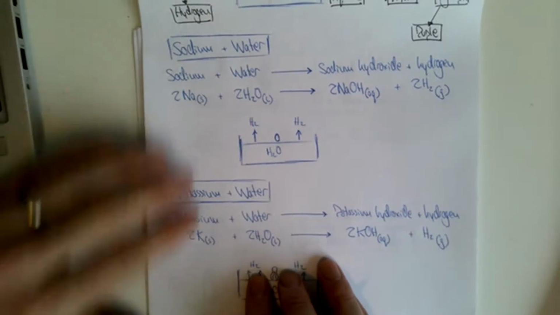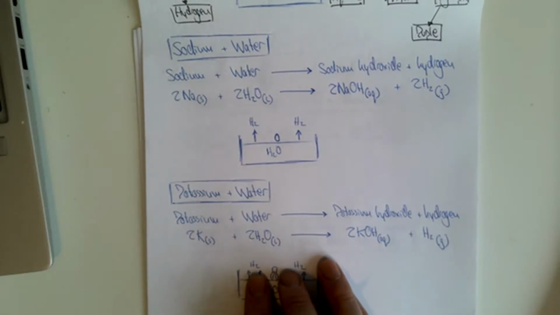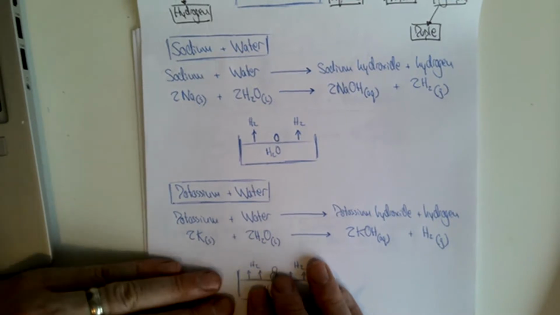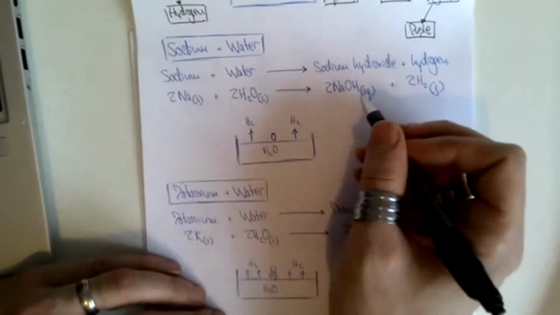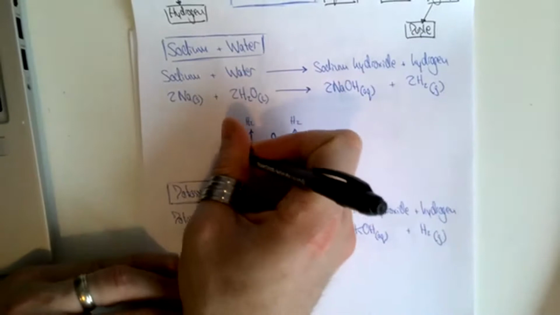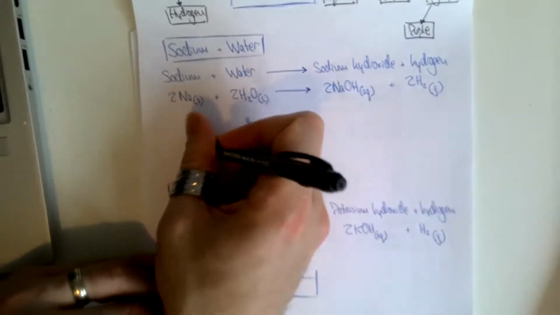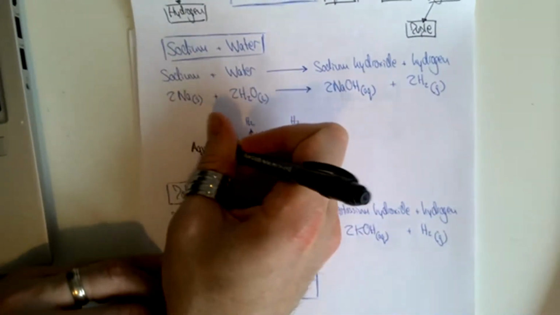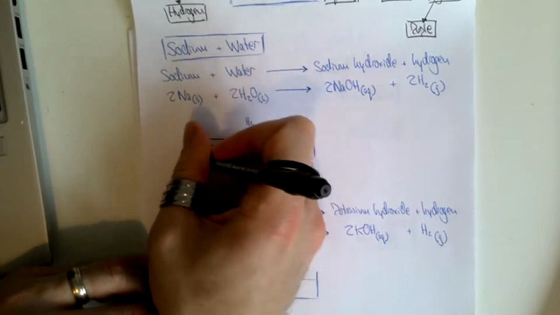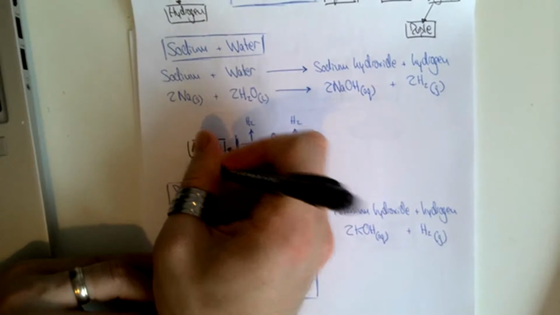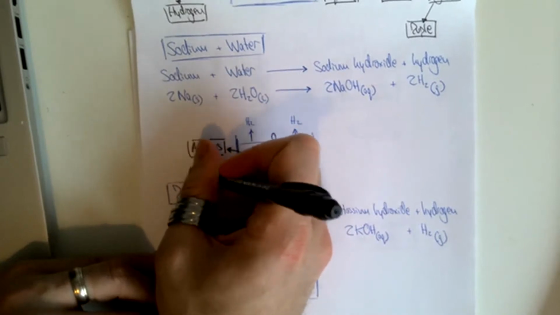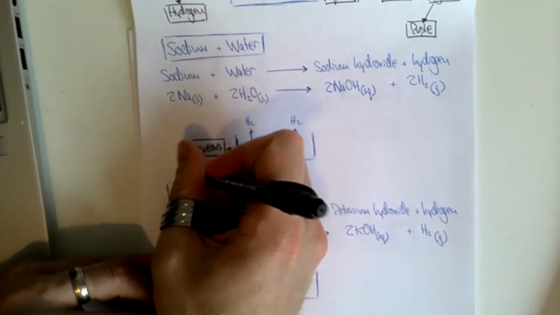sodium in water follows a similar pattern in terms of our equation. Sodium plus water gives you sodium hydroxide, an alkali, and hydrogen gas. As with lithium, we can tell that sodium hydroxide forms an aqueous solution because, again, if you put universal indicator into it, it will show that it's got a high pH by turning purple.